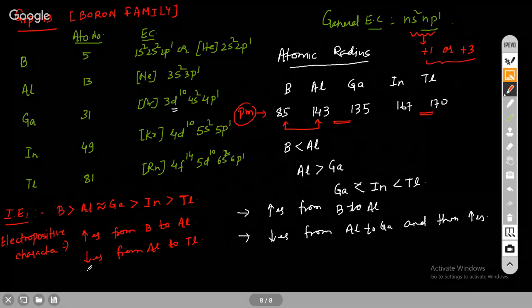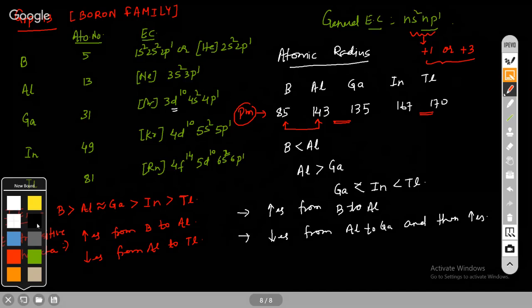So generally here also what happens, write down the next thing: the tendency to form +3 oxidation state decreases down the group, and that of +1 oxidation state increases down the group.